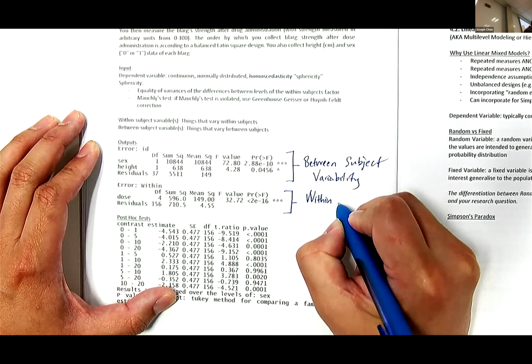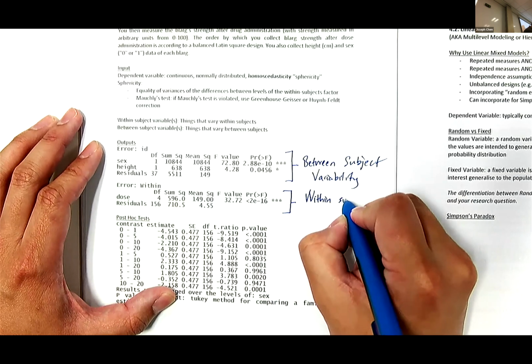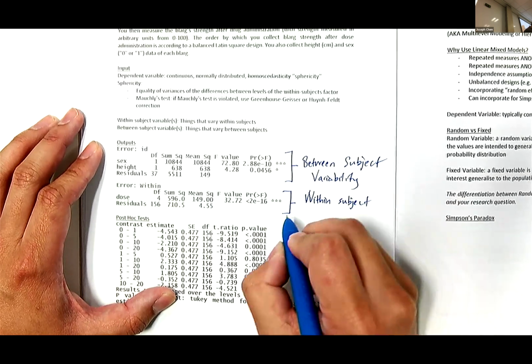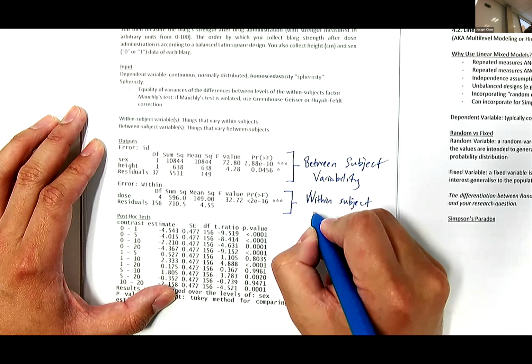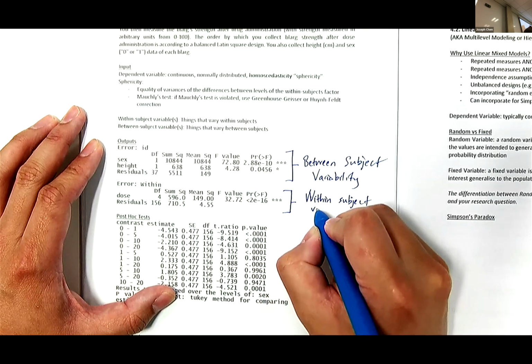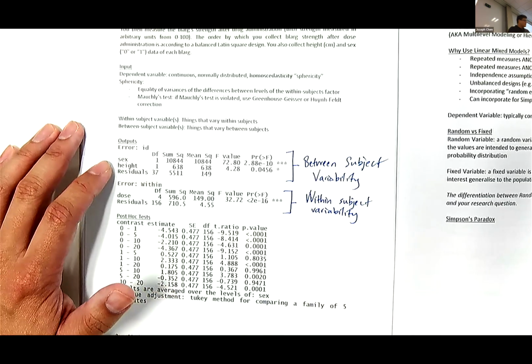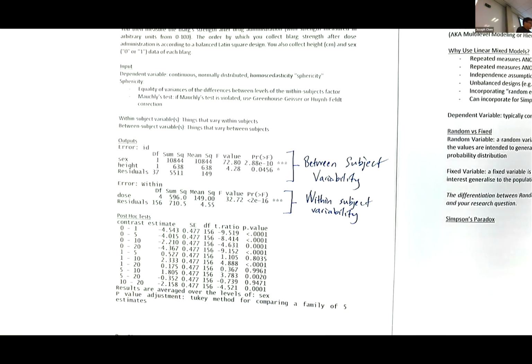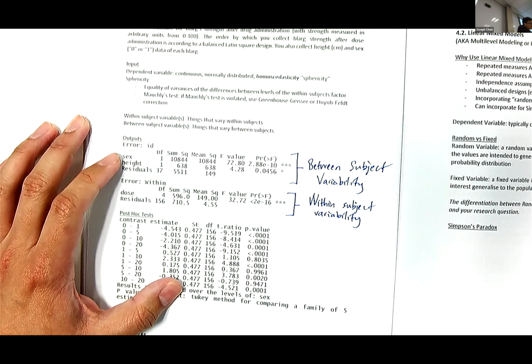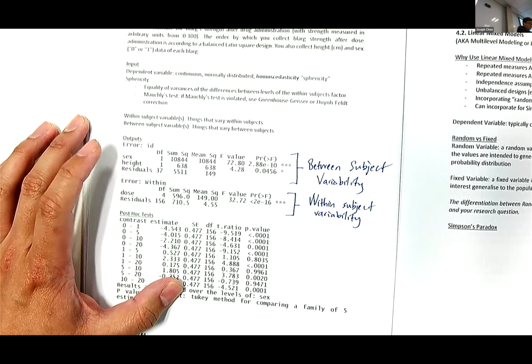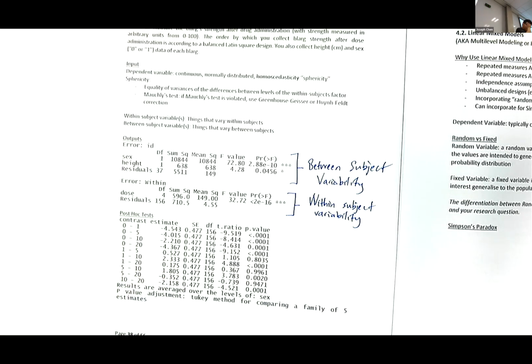Conveniently, it says error within. So this model recognizes that dose is a within subject variable because it's repeated across, whereas you've specified sex and height to be between subject variables, because sex differs between people and height differs between people.